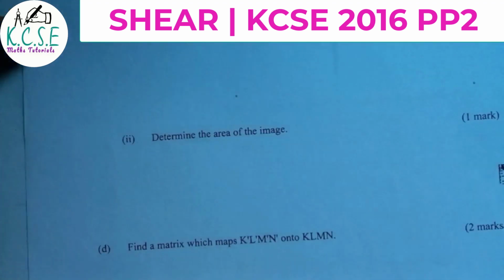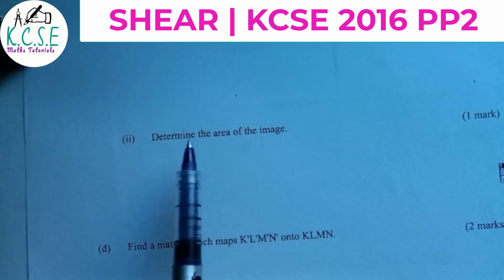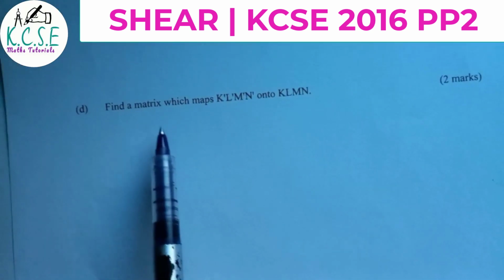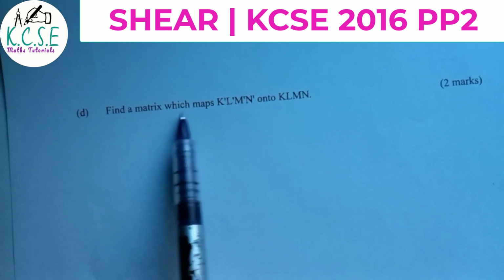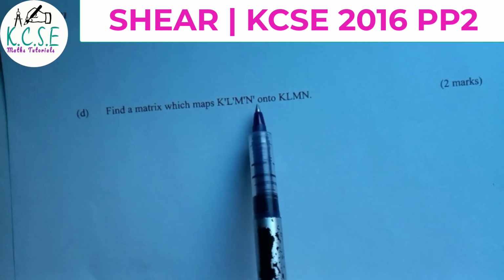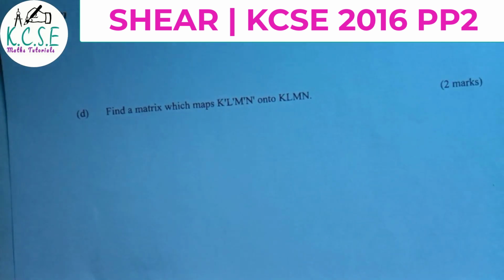Then still the other question: determine the area of the image. And the last question: find the matrix which maps K'L'M'N' onto KLMN. So that is the question.